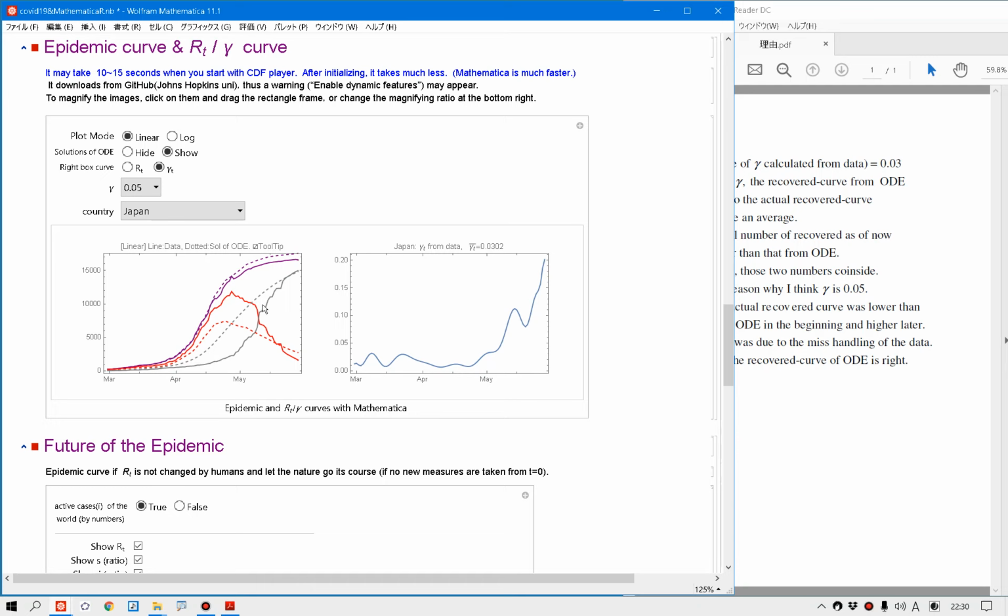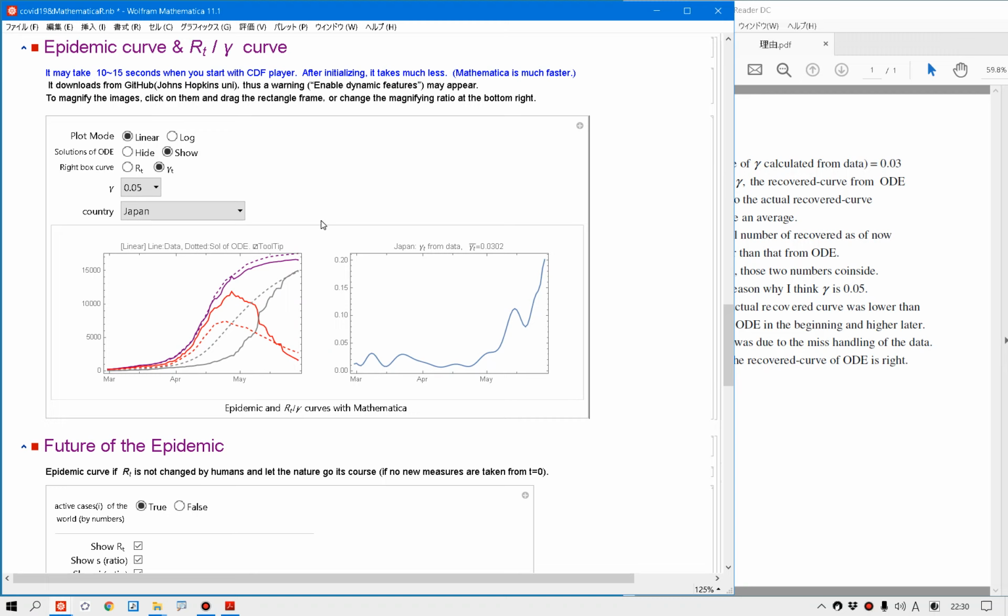So there's a gap here. But recently it's not so chaotic now, so you can get the actual number here. So this may be the real curve of recovered.